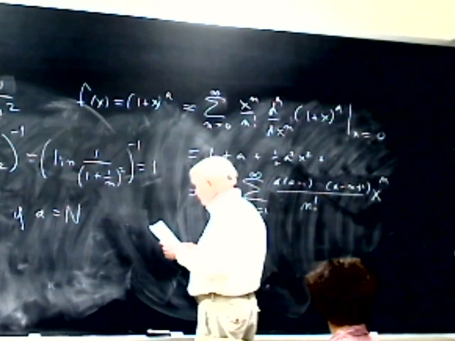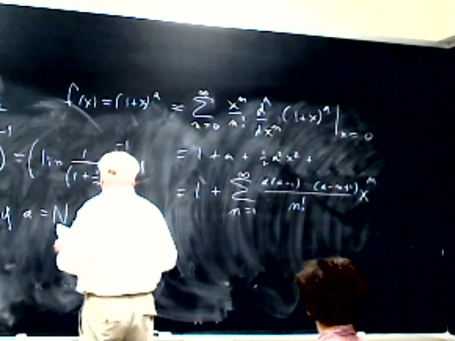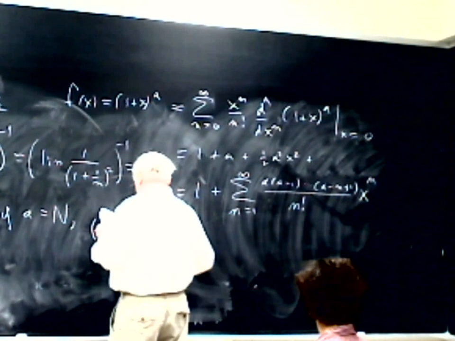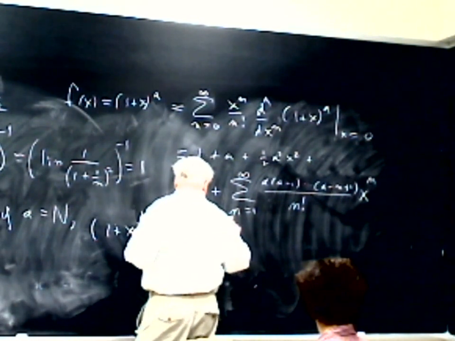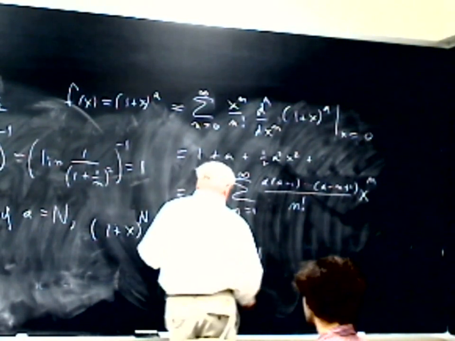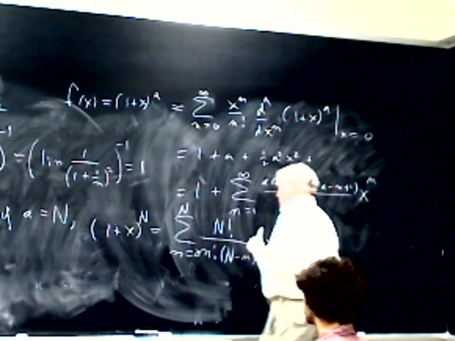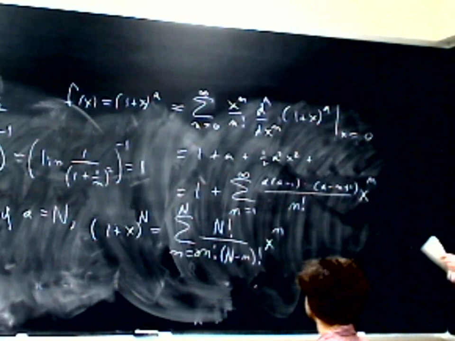And if a equals N, then what we have is (1 plus x) to the N is the sum from n equals 0 to capital N of N factorial over n factorial times (N minus n) factorial, x to the n. So that's the binomial theorem for integral N.